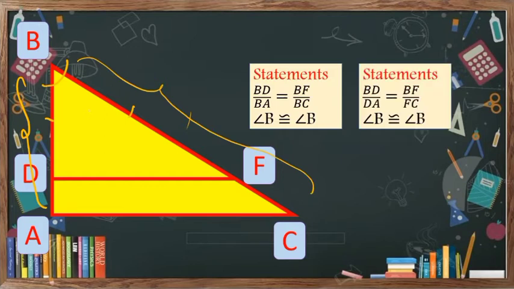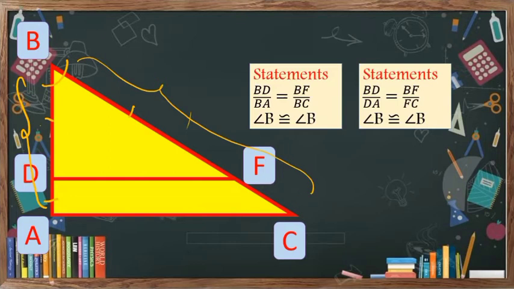We can also make this proportionality statement such as BD is to BA, the part only of the bigger triangle. Next, BF is to BC.